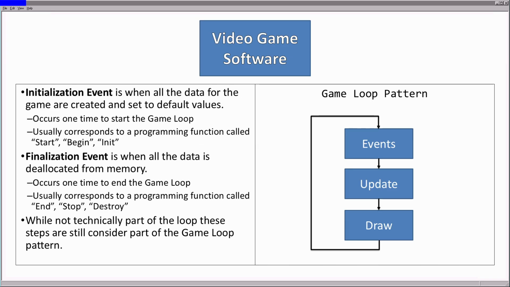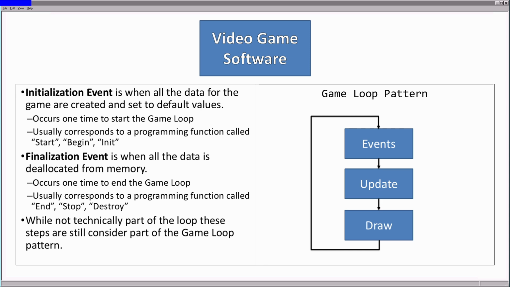As mentioned, there are steps that may appear to be outside of the game loop pattern that we need to consider. The initialization event is when all the data or resources for the game are created and set to default values. This event only occurs one time, and it's used to set off the game loop. Within the game code, usually this corresponds to programming functions such as start, begin, and init.